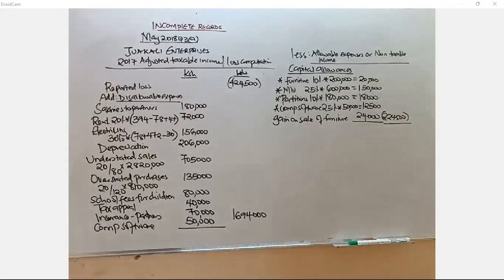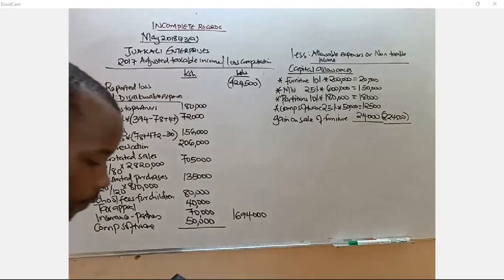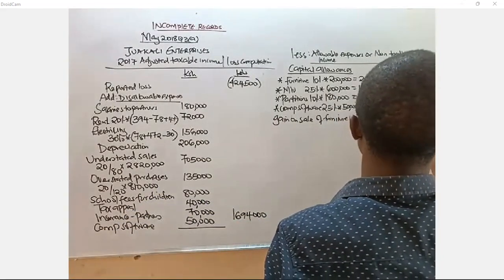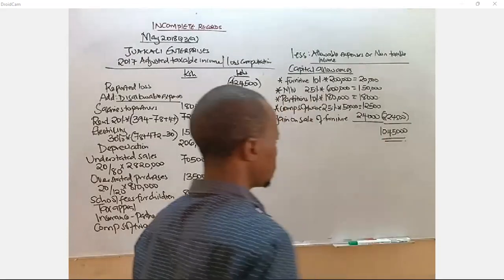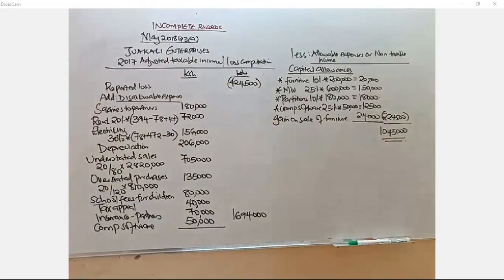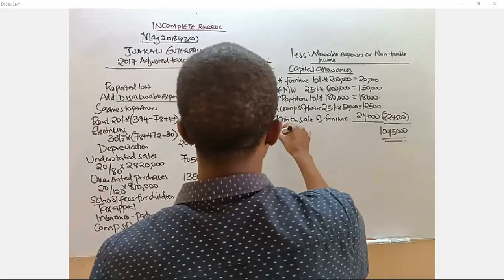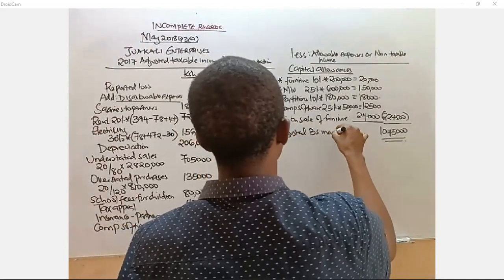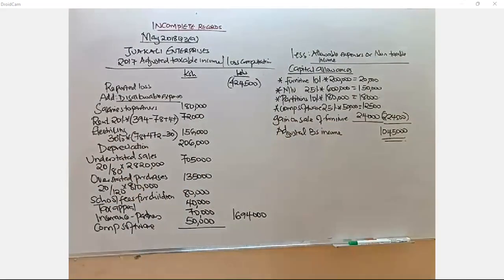I'm supposed to be getting around 1,045,000. That should be my adjusted business income.